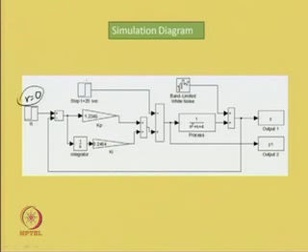Therefore, let us set the disturbance D of magnitude minus 0.5, which occurs at time t equal to 20 seconds. Similarly, the band limited white noise, let this occur from the beginning of the simulation. That means, at time t equal to 0, we have band limited white noise for the system.